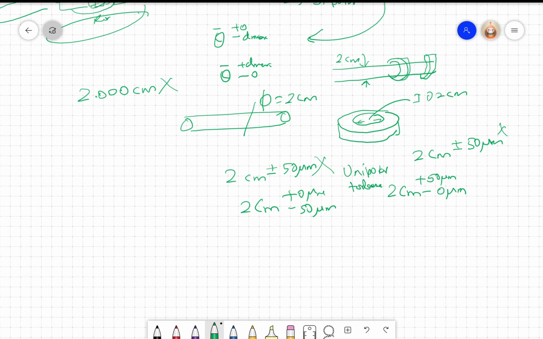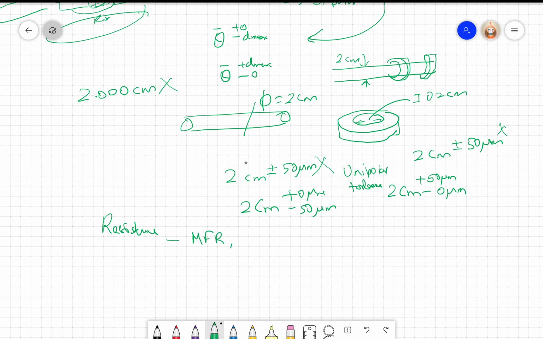Now I have used another word. Deviation is also called tolerance, and tolerance is generally used in most manufactured quantities, including electronic components. For example, if I want to buy a resistance, I have to give specification to the shop wala. Then I say it has to be a metal film resistor.